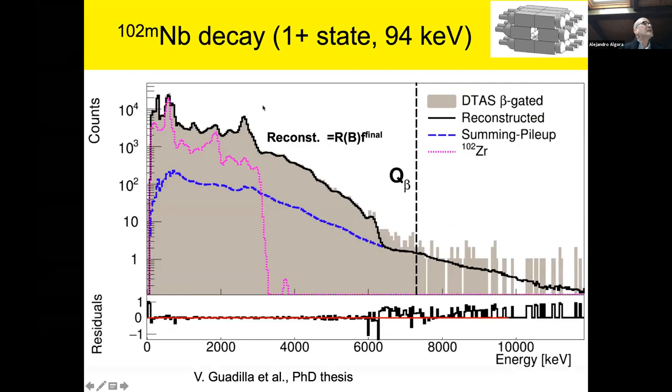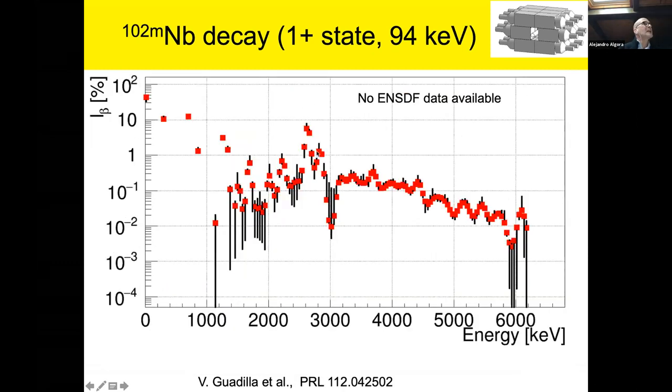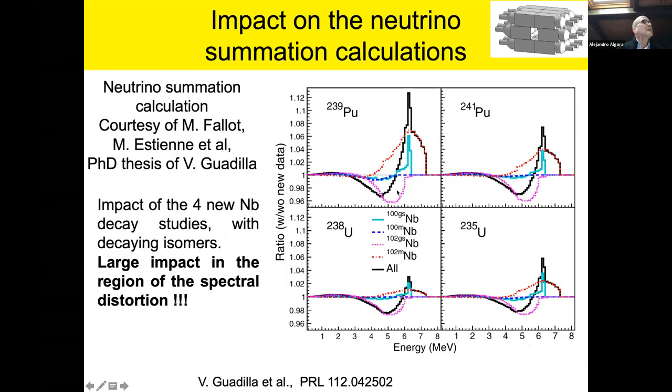And you see here the separated high excitation isomer, which is a low spin isomer, and this was even more relevant because nothing was known previously for this case. And you see the impact of the four niobium isomers, again, in this kind of plot, that amount to up to 12% for plutonium, and of the order of 6% for uranium-235.